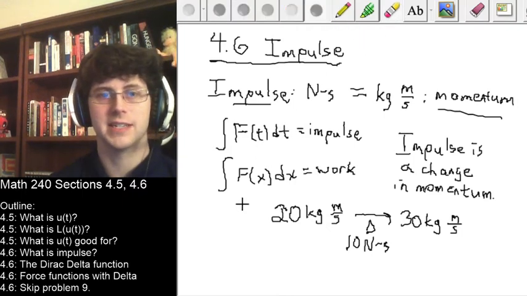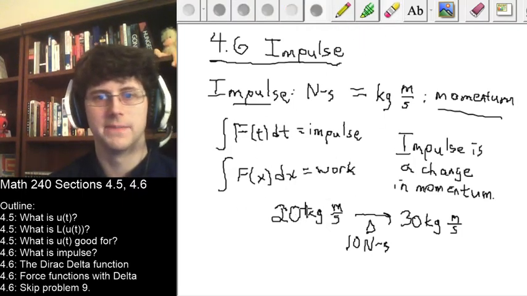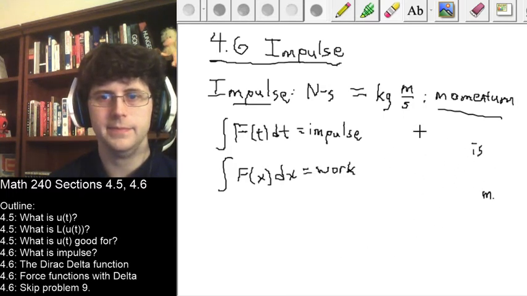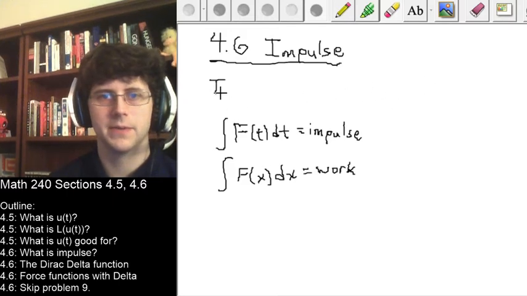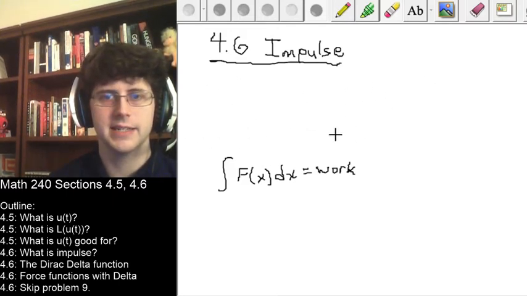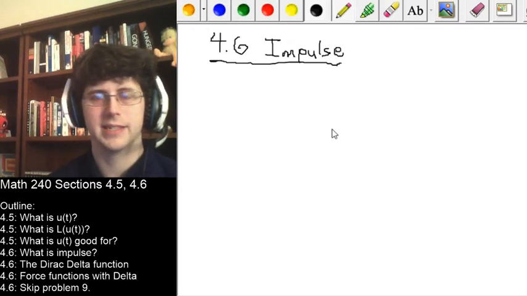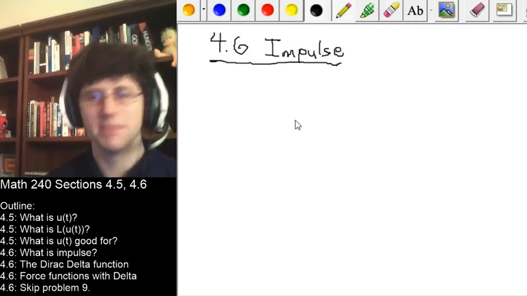So the integral is not going to be a good way to do that. The reason I'm talking about this is I need to be able to write a function that puts a hammer strike into my force function.